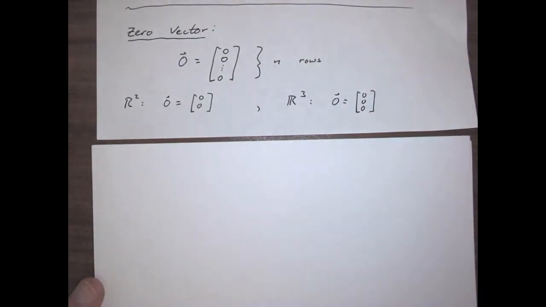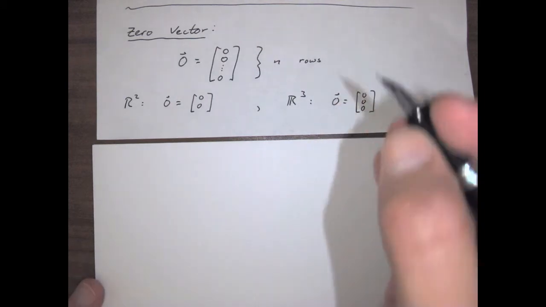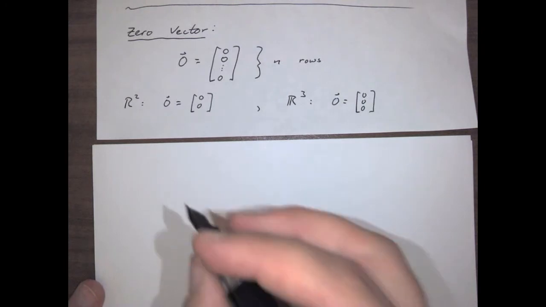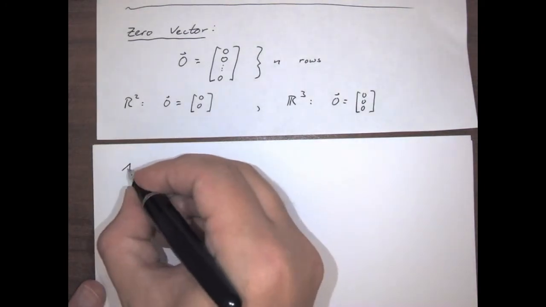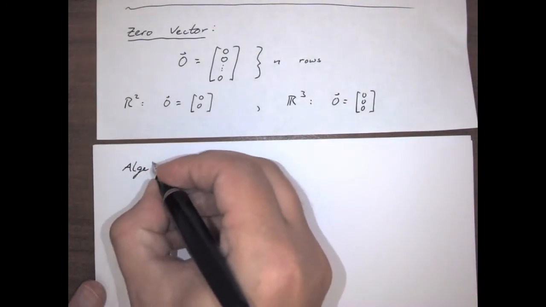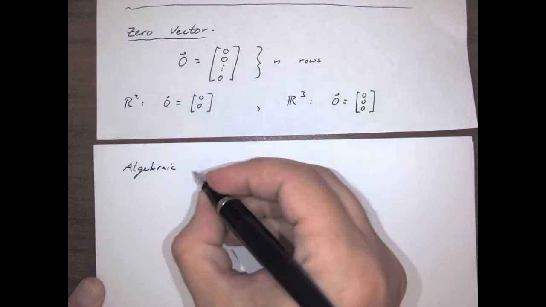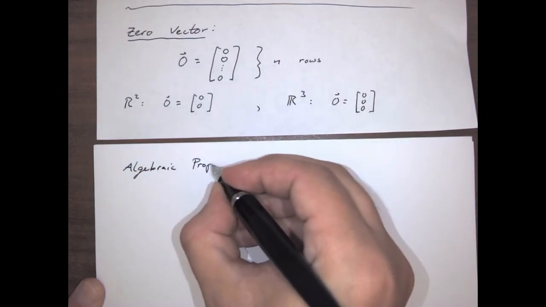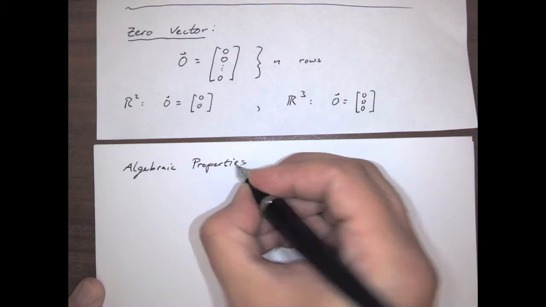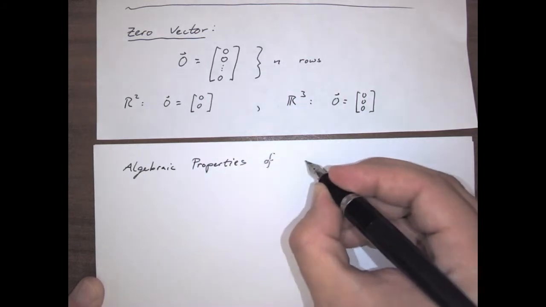So everything we thought we knew about arithmetic will largely still be true in the case of vector arithmetic. So we refer to these as the algebraic properties of Rn.